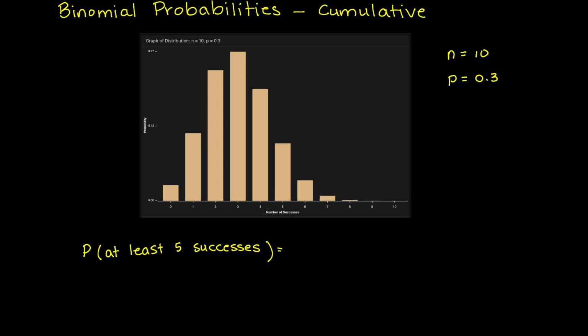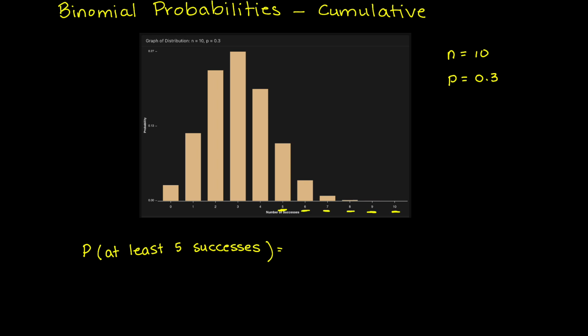Here we're looking at the probability of at least 5 successes. You may want to pause the video at this point and see if you can figure this one out, but I'm going to go ahead and solve it now. At least 5 successes means we need 5 or more than 5.